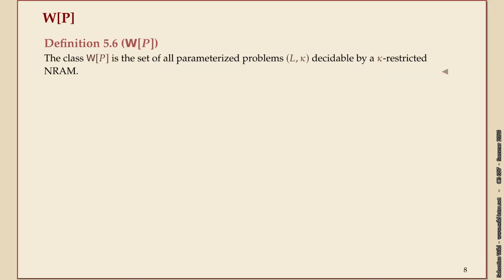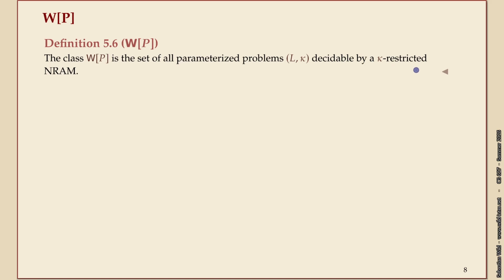Then we can define a new class of problems, which is called WP. And the naming will become a bit more clear in a moment. It's the class of all parameterized problems, L kappa, that can be decided by such a non-deterministic RAM.